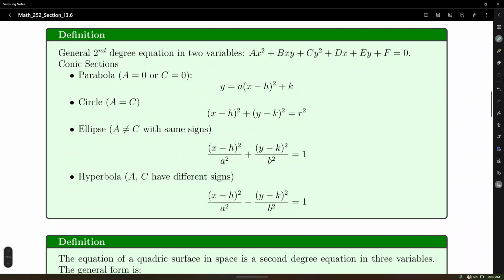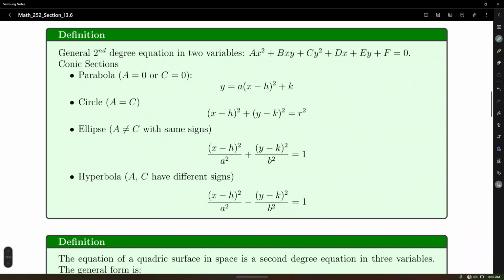So we identify a parabola when only one of the variables is raised to the second power. We distinguish between a circle and an ellipse because both of them have two variables raised to the second power. What else? They're both positive. However, when the denominators or the coefficients are different, in this case we have an ellipse.